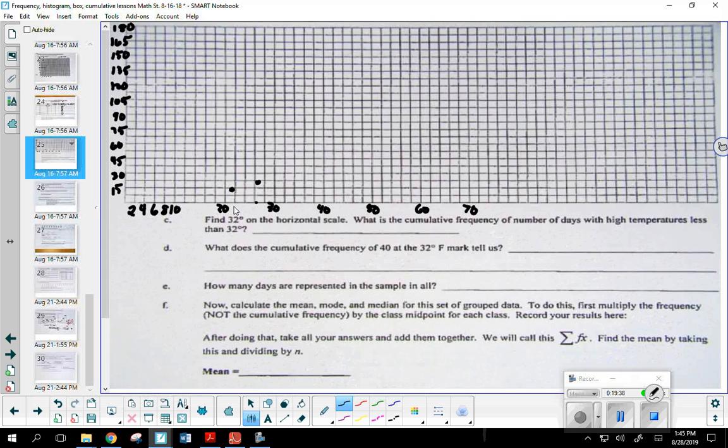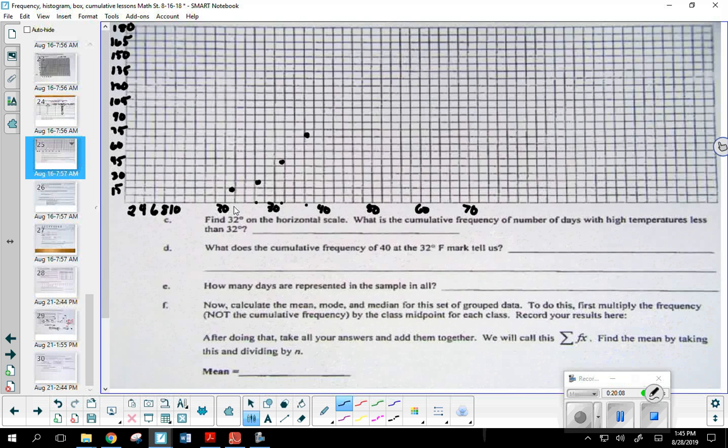These are not exact, especially because of the way I labeled my axes, but we're going to be really close. 31.5 would be 40, so 31.5 would be right about there. That would be at 37, so maybe right about here. And then we have 36.5, 66. 36.5 would be right about there, and then 66, maybe right about there.